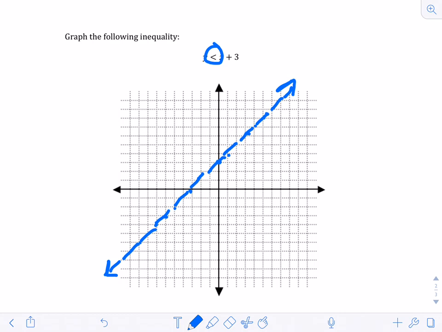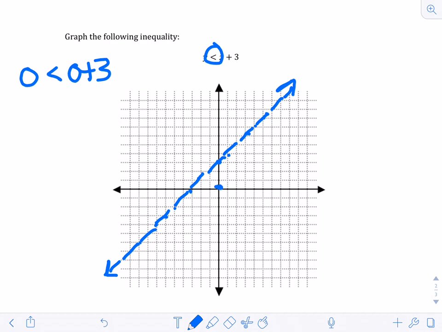Now, when you're given an inequality in slope-intercept form, you can always check a point. This will always tell you which way to shade. So if we pick 0, 0, we would get 0 is less than 0 plus 3. Always true. So by checking our non-boundary point and finding a true inequality, we would shade towards that point.